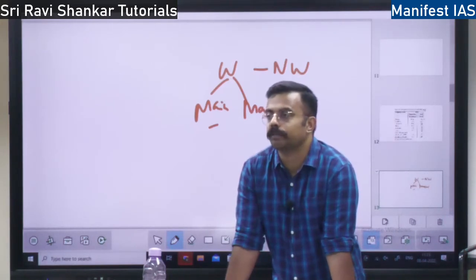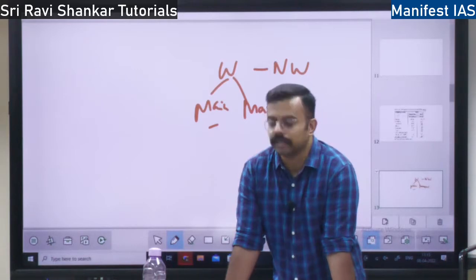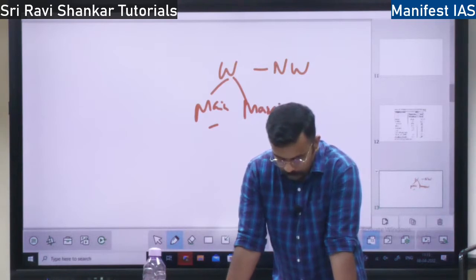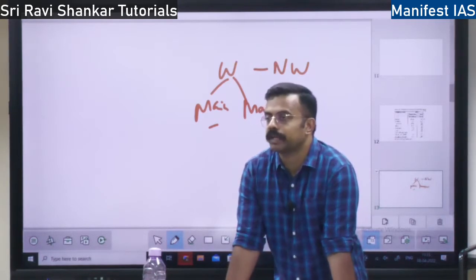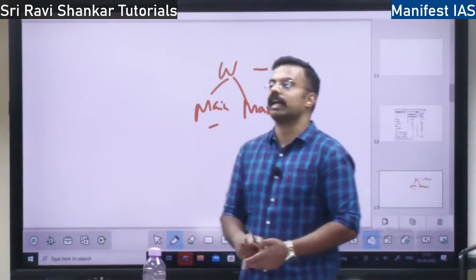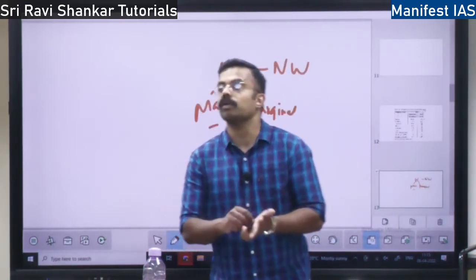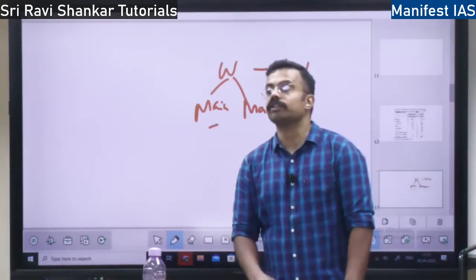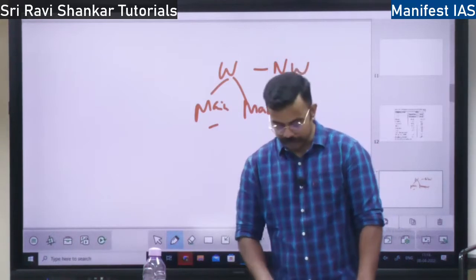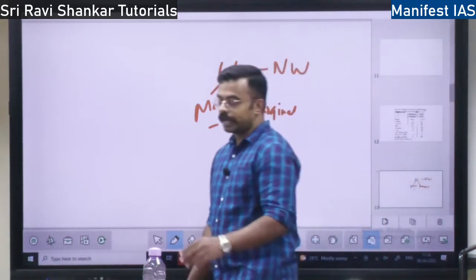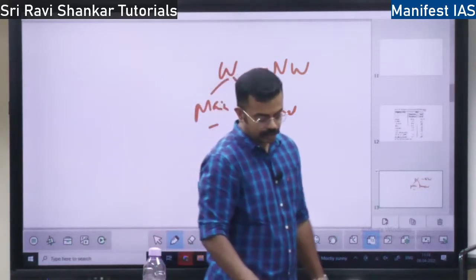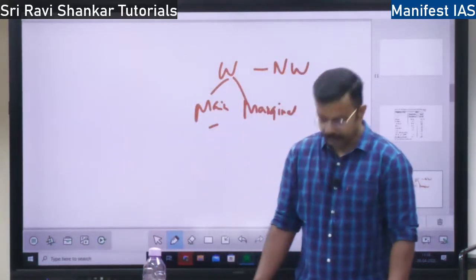Later on they started asking, along with place of birth, how long you have been residing at a particular place, where you were residing before that, the place of last residence, and also the reason of migration, why you have migrated to this place. All this data they collect now in order to measure the migration.